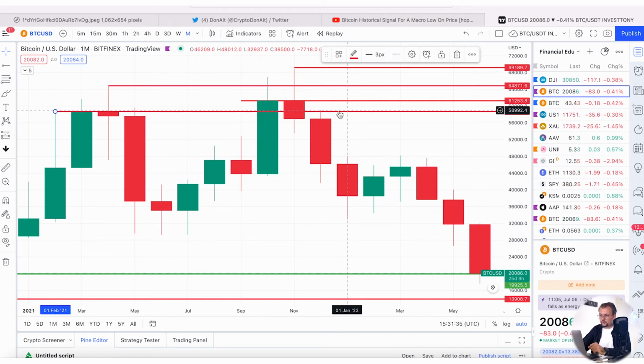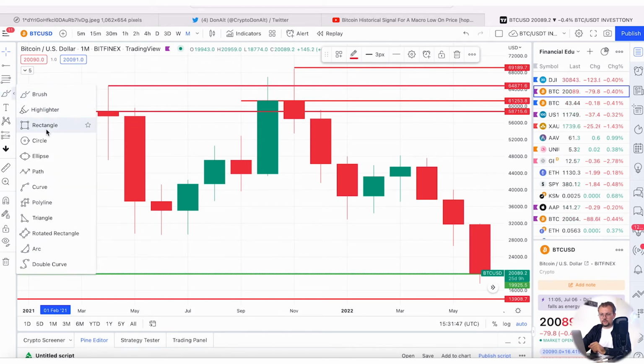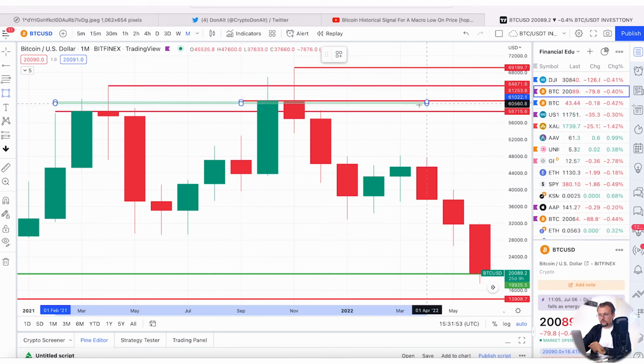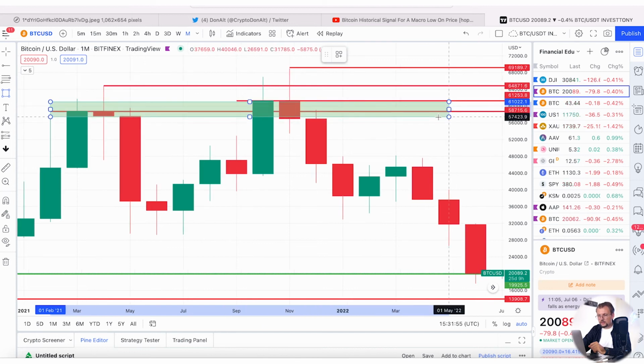So instead of drawing this line and this line, since they are located so close to each other, we can combine them in a zone. And now that's another tool. You see the little brush here. You can click on the brush and you can pick a rectangular. So we combine basically both of these lines, and we can also include maybe these two levels, since they look promising too.